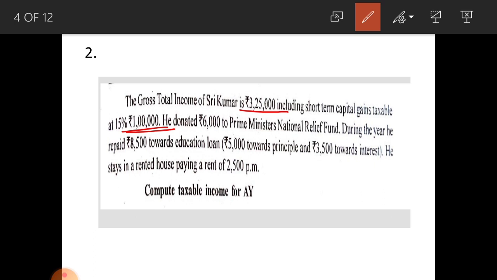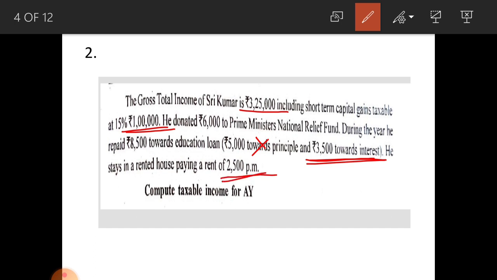Next, during the year he repaid 8,500. Out of this 8,500, you have to consider only 3,500, that is interest towards education loan, because under section 80E only interest is eligible for deduction and not the principal amount. And he stays in a rented house paying rupees 2,500 per month.